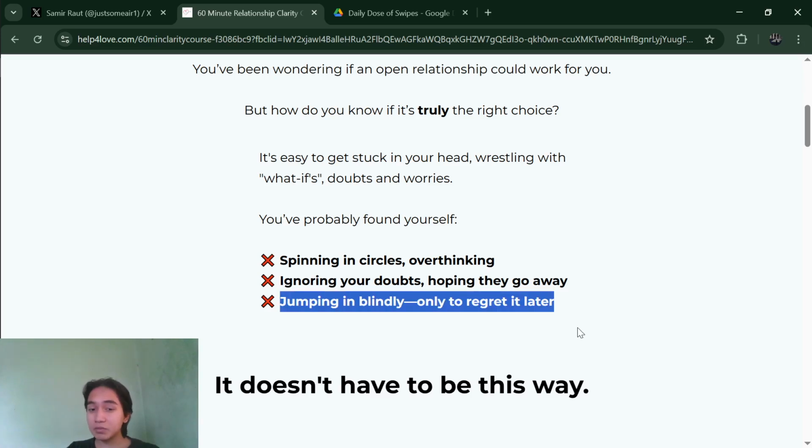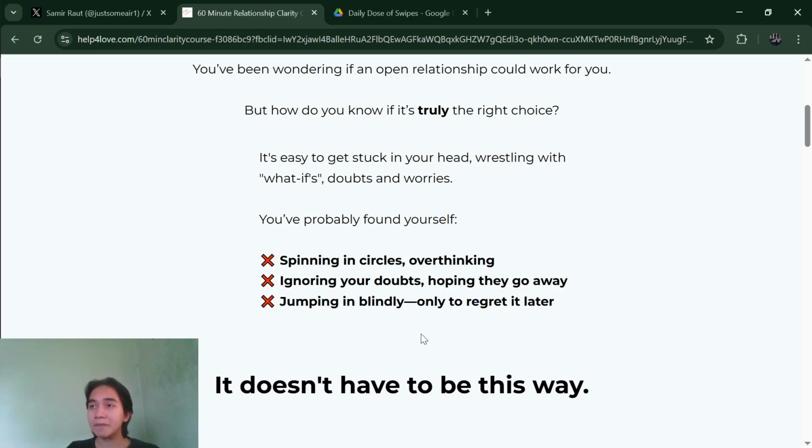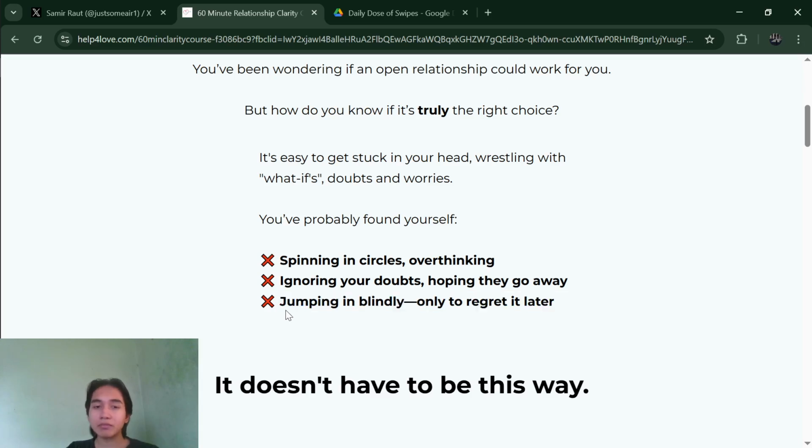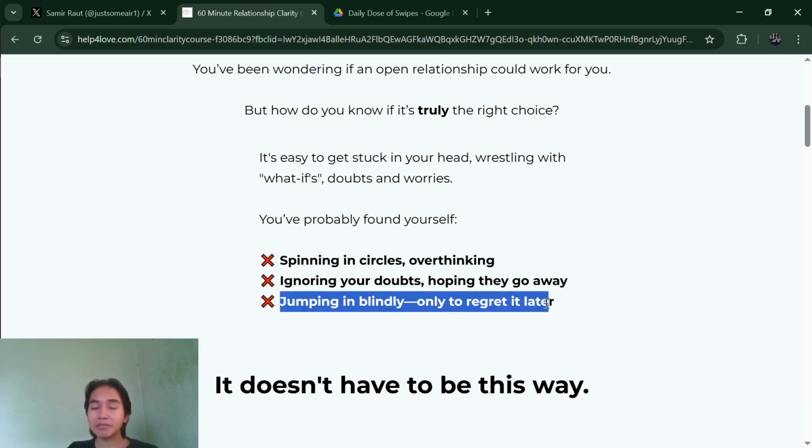Yeah, it's good, but it could be more descriptive, meaning jumping in blindly into a relationship. You need to be more specific. You cannot just expect them to connect the dots. You should not do that. It's kind of like a concluding copy, but concluding copy is not like this. It's a different one.